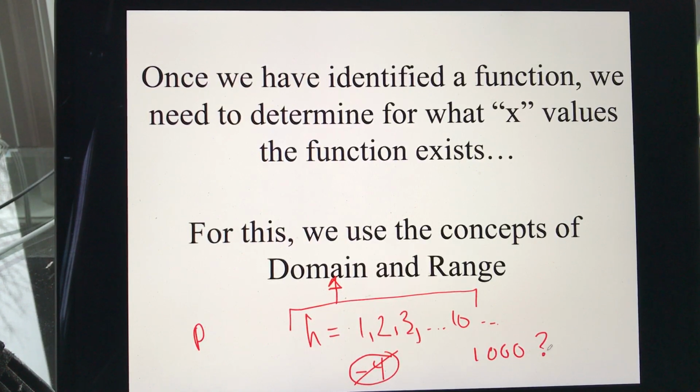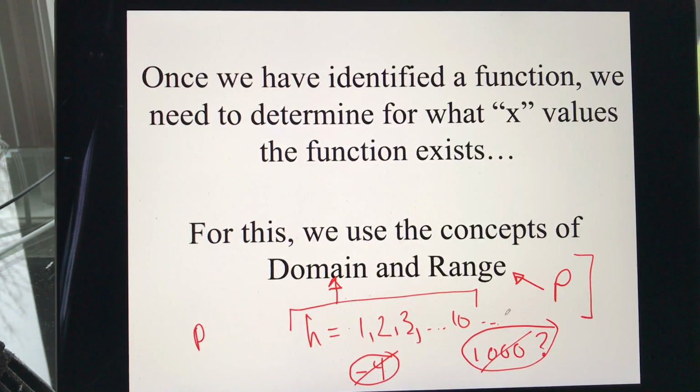Can you work 1,000 hours in a week? No, you probably can't, so it wouldn't go that high. So the domain is just all the values of h, or x, that make sense. And once we've decided what our domain is, a calculation gives our pay, which figures out the possible values in our range.